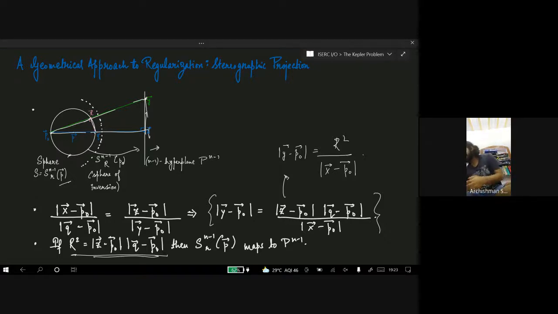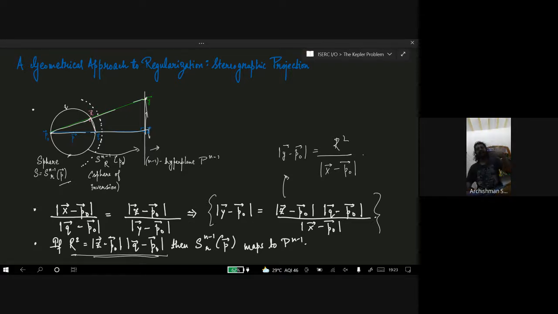So the essential point that I'm trying to make over here is that if any sphere passes through the center of the sphere of inversion, then it gets mapped to a hyperplane of the same dimension.